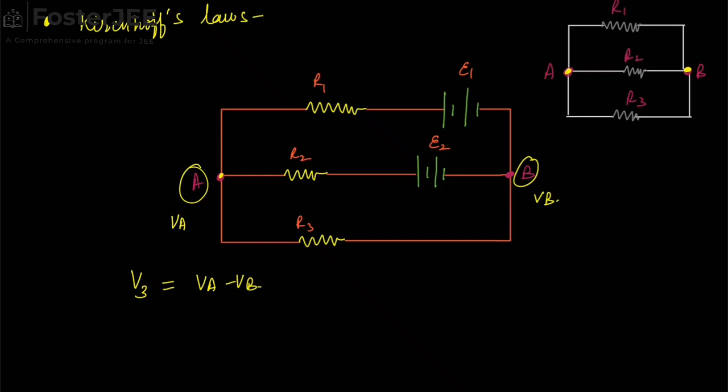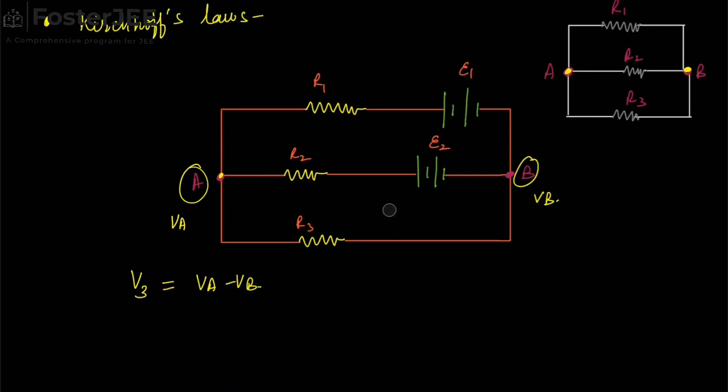But the potential across this whole branch is VA minus VB. That's true. The whole branch is VA minus VB. But we have to see across this resistor.